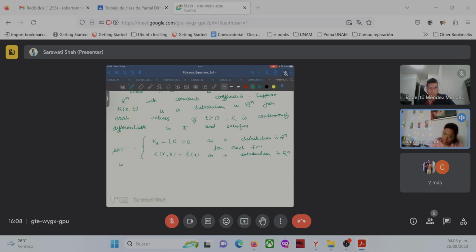We shall call k a fundamental solution for the initial value problem. The solution of equation 19 is then given by the convolution in the space variable like this.